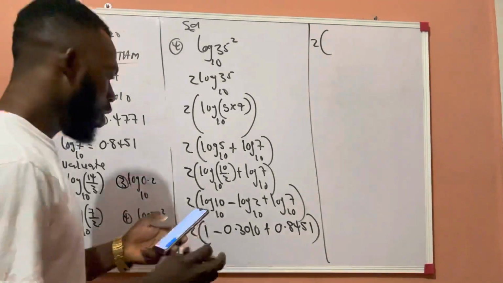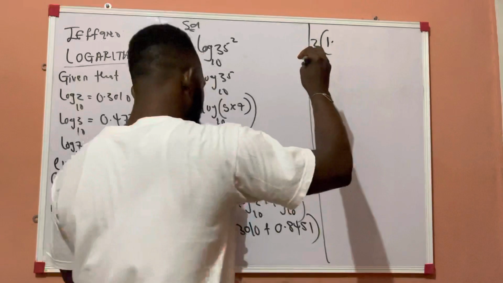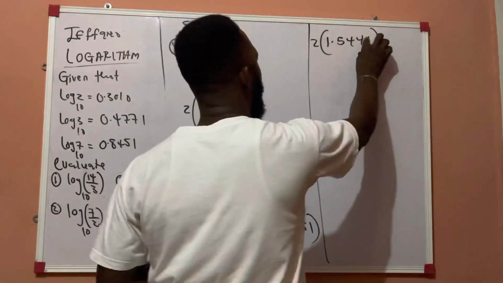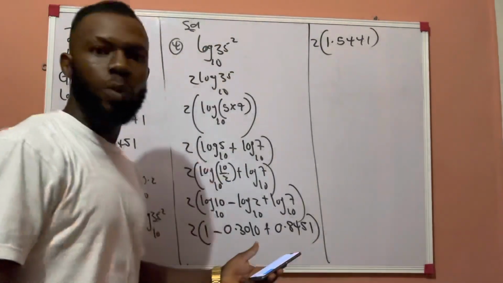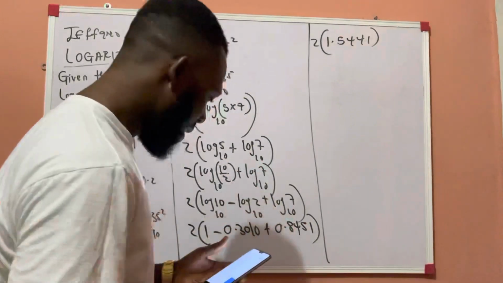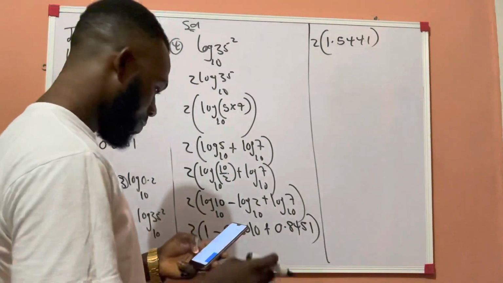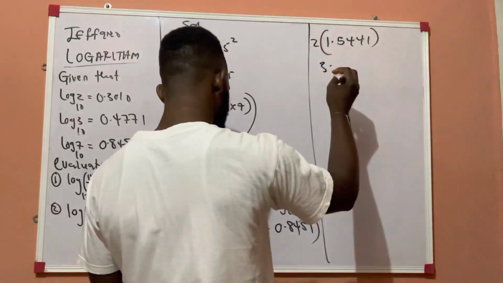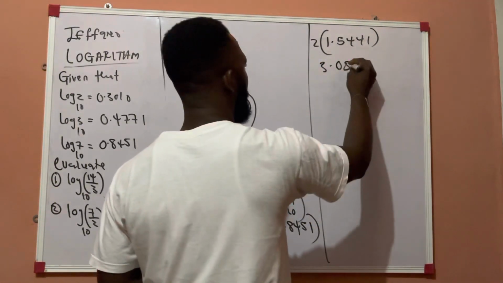What we have there is 1.5441. Now, to open the bracket, we use the number outside the bracket to multiply the number inside the bracket, times 2. And this becomes 3.0882.